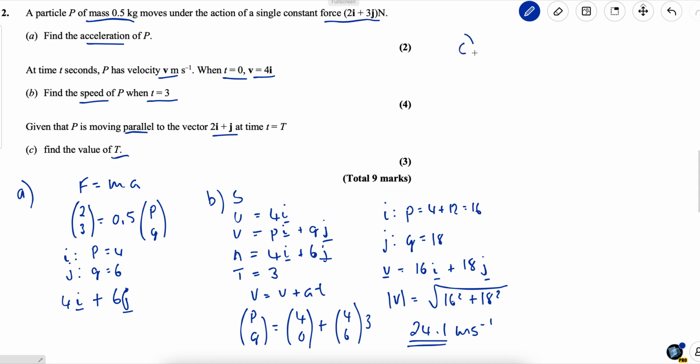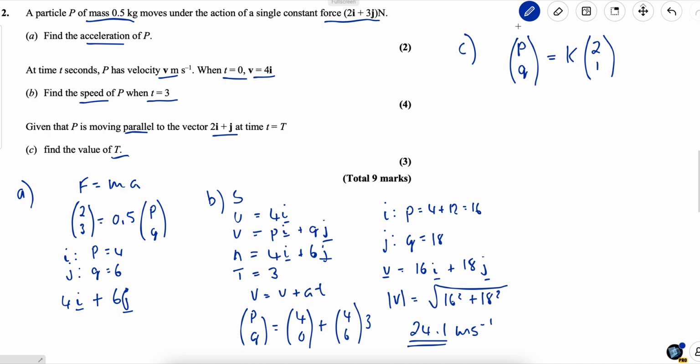So let's just write that to start with. If we use p and q again, the velocity of particle P will be p q, and that's going to be a scalar multiple, say k, of 2i plus 1j.